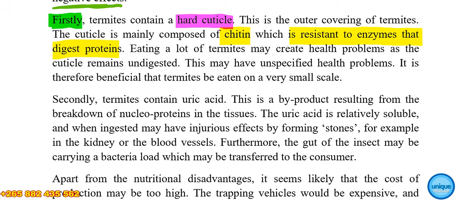Ndakuti eating a lot of termites may create health problems as the cuticle remains undigested. Now this may have unspecified health problems, and it is therefore akuthandiza kuti mudziwe kuti point imene ndiyofunika. Therefore it is beneficial that termites must be eaten on a very small scale. Ndikuti apa paragraph number 1 tatana.